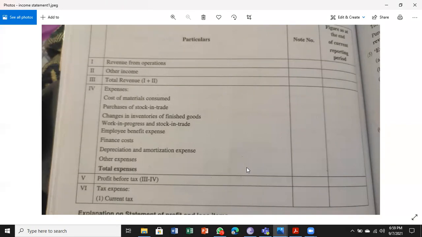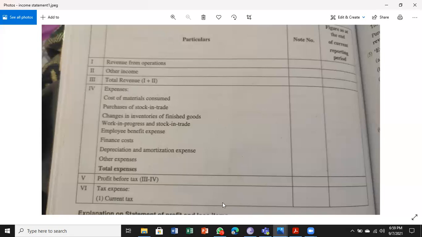So 1 plus 2 becomes 3, that is total revenue. So 3 is total revenue, add 1 and 2, it becomes 3. Next, less expenses. They are not mentioned as less, but from the revenue, we deduct expenses. You have here several headings of expenses.